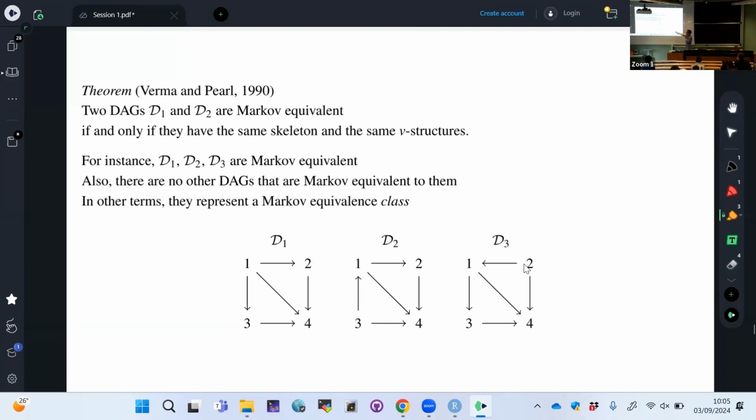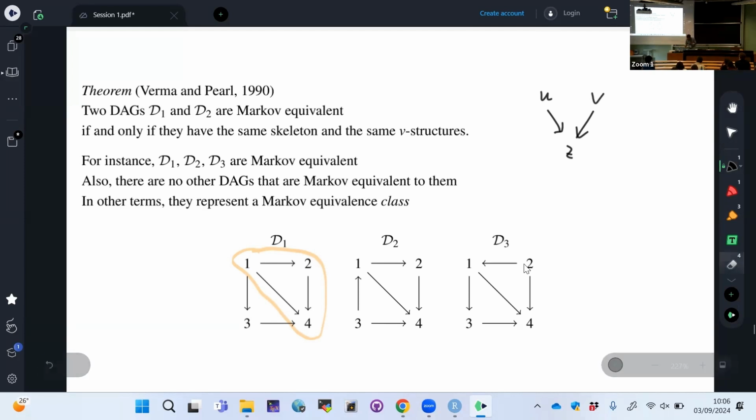So what is a V structure, for example, which is common to D1, D2, and D3 here? For a V structure, you must have a structure of this form, where U and V are not connected.